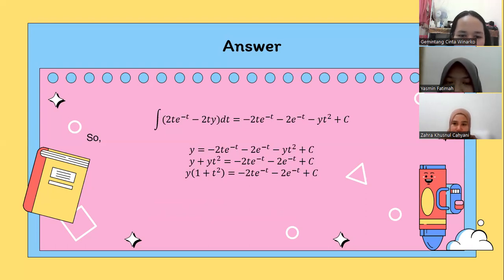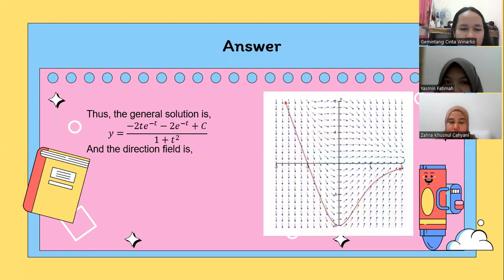So, we get y multiplied by 1 plus t power 2 is equal to negative 2 t e power negative t minus 2e power negative t plus c. Thus, the general solution is y is equal to negative 2 t e power negative t minus 2e power negative t plus c over 1 plus t power 2. And the direction field is on the graph.